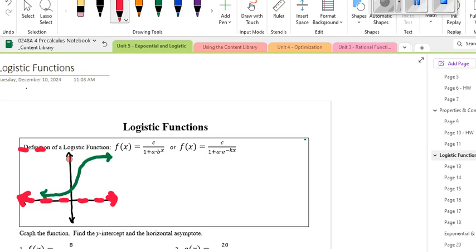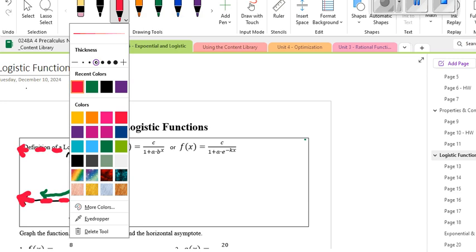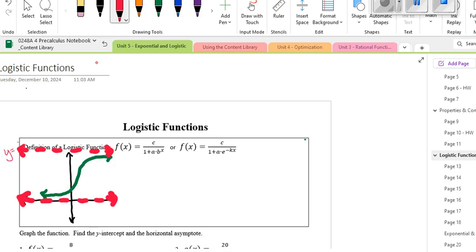It also has a second horizontal asymptote whose equation is going to be y equals c, where c is the numerator of the function that we just graphed. So two horizontal asymptotes, one at y equals 0, one at y equals c.